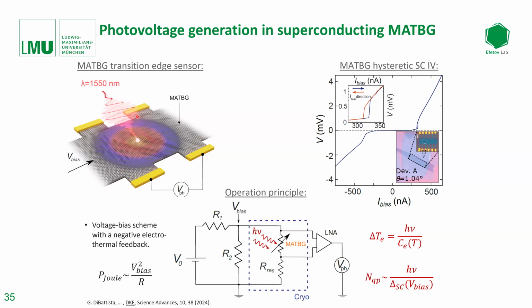We perform transport measurements on the devices to tune our IV characteristic close to the superconducting position. We shine a laser light on it, and we incorporate a negative electrofeedback loop, which allows us to reset the device when it sort of turns normal.